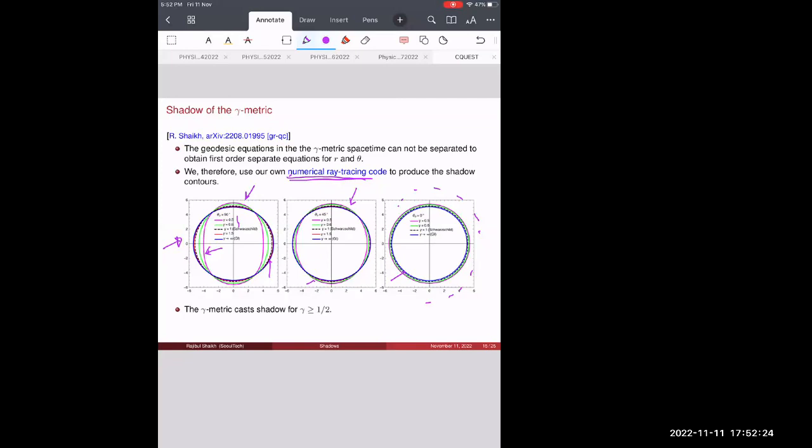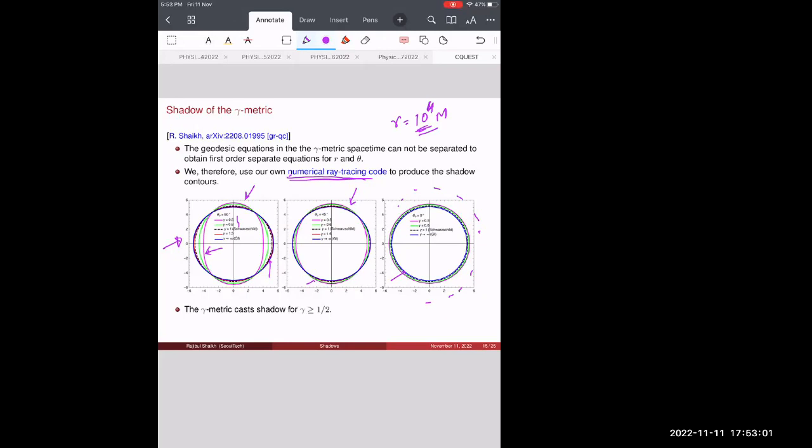But in nature, the distance between the source and the observer is not infinity. For example, in our numerical ray tracing code, we have considered r equal to 10 to the power 4, and we treat this as effectively the asymptotic infinity. So this is huge, right? I see. So there, the metric functions basically.